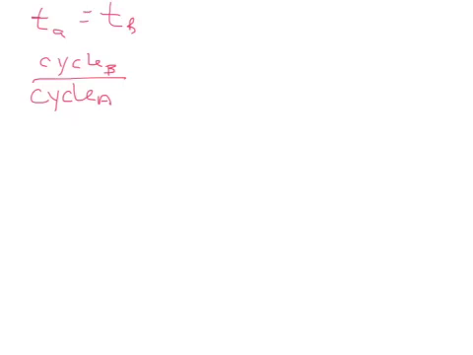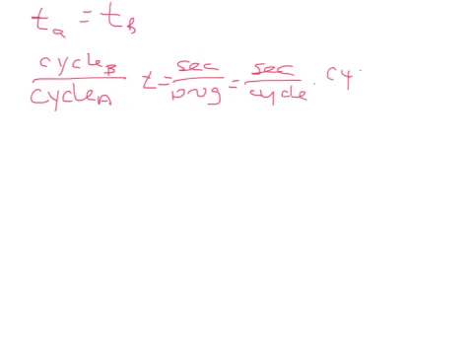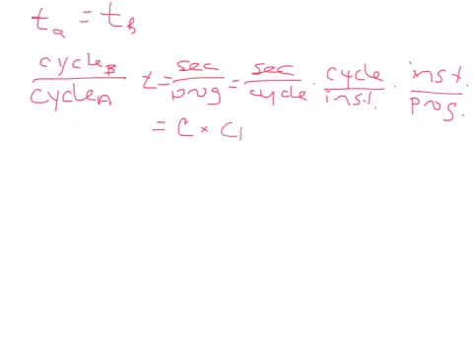So we have the time to run a program in seconds per program, and that equals seconds per cycle times cycles per instruction times number of instructions in the program. We'll call the seconds per cycle C, so that is C times CPI times the instruction count.